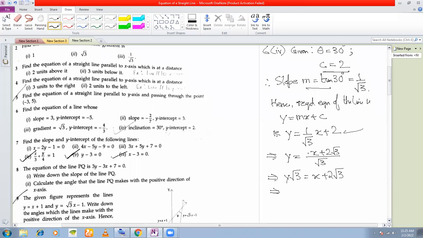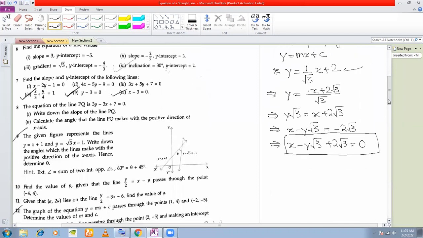And you can take x and y on one side and the constant on the other side. So you have x minus y root 3 is equal to minus 2 root 3. You can write it this way, or you can take everything on one side also, x minus y root 3 plus 2 root 3 is equal to 0. Now, mostly, this is the way we express our answer in coordinate geometry. That is, we always make the left-hand side 0.